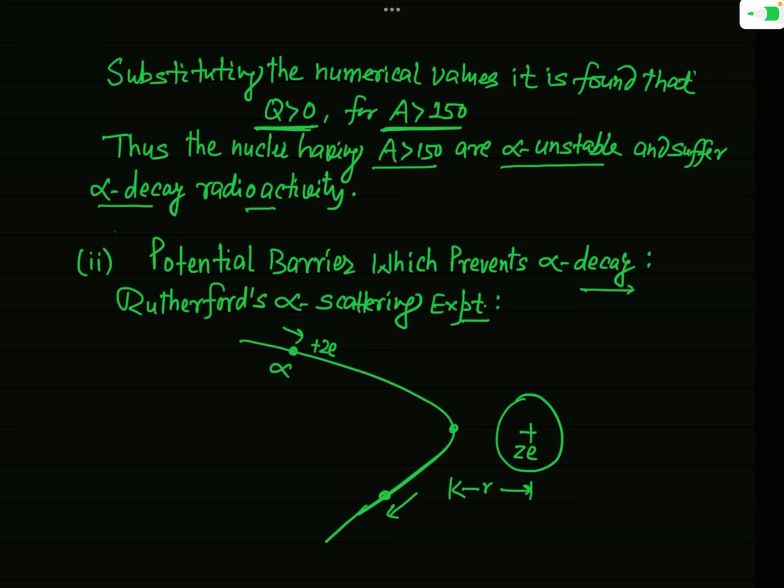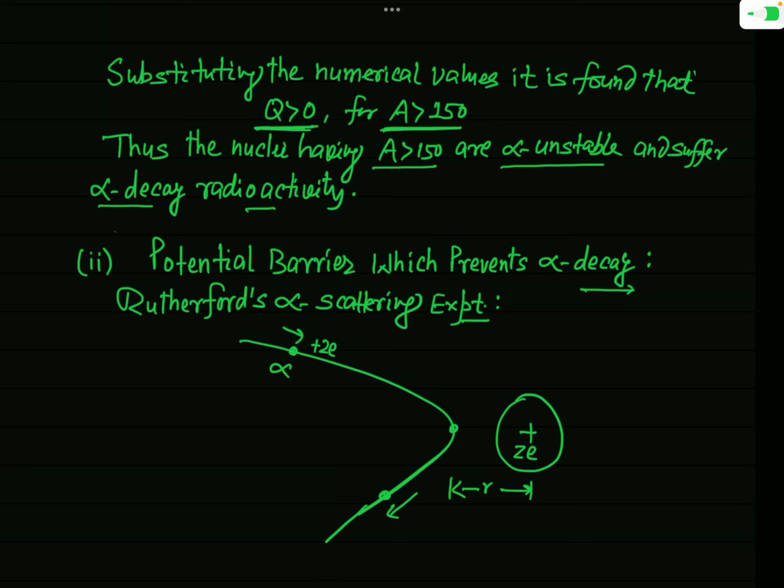Okay, so I hope you have understood that our semi-empirical mass formula also infers that the alpha decay process will take place, but only in the case of nuclei whose mass number is greater than 150.